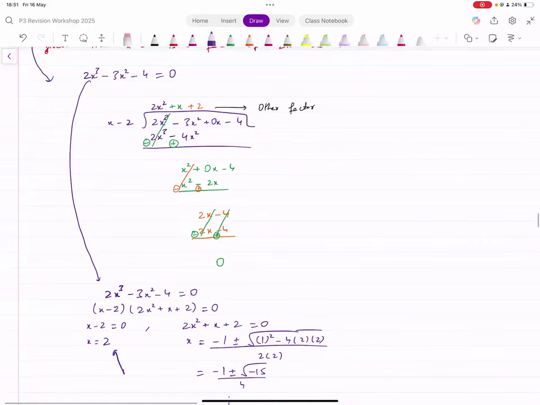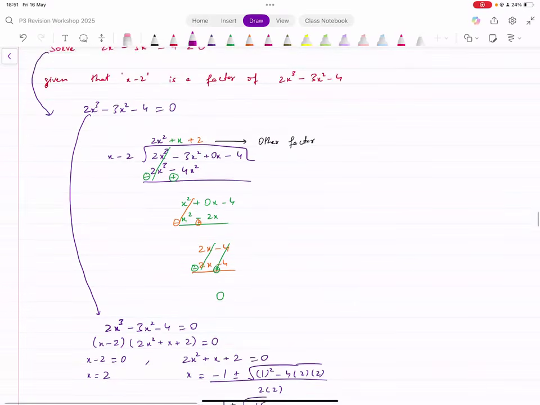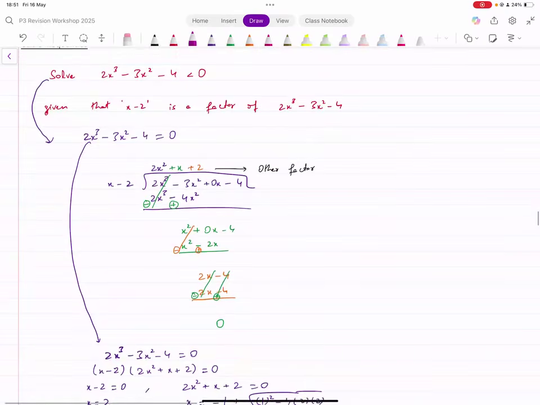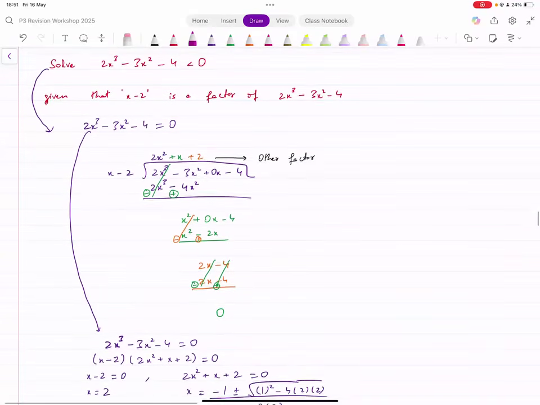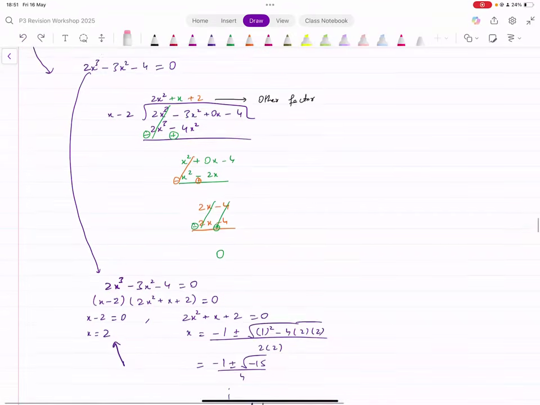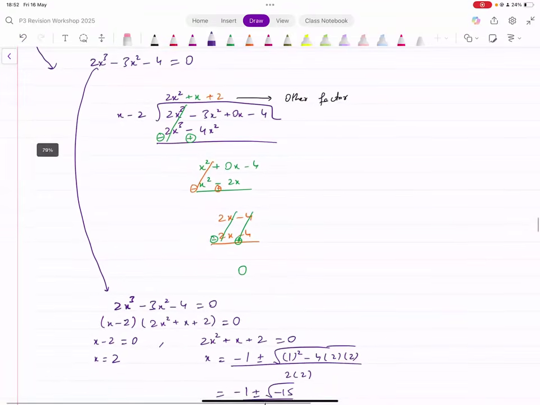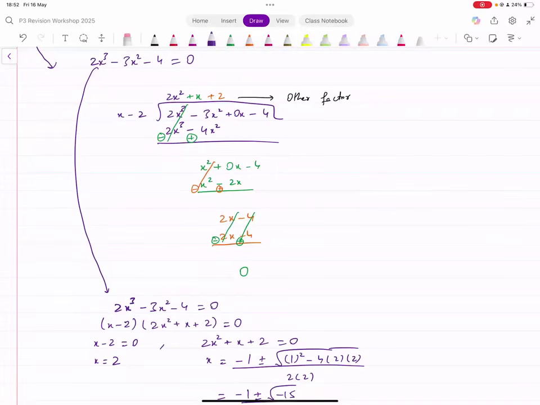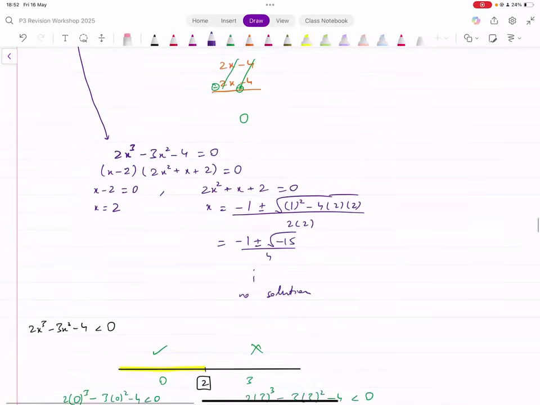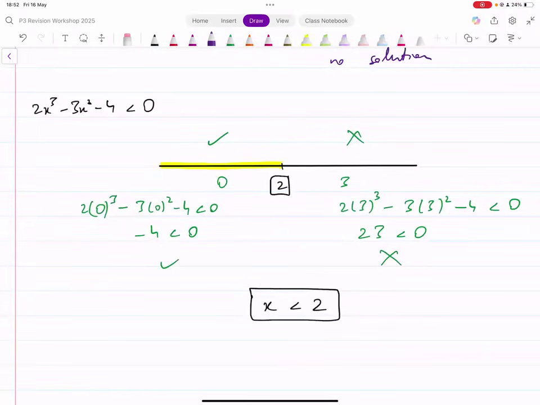Now you think of that inequality. How do you solve it? Do we say x is less than 2, or greater than 2? How do you figure that out? It's not always going to be the same sign that you have here. And in questions, they often ask you to justify your answer. So you need to make sure that you follow the process correctly. You solve it as an equation first of all, find the values of x, and then you could use a number line, just like you used to do for modulus.